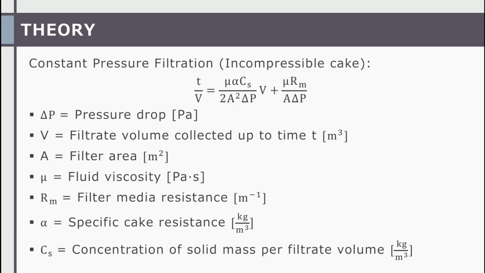This is done by using an integrated form of Darcy's law, where delta P is the pressure drop observed on the pressure gauge of the filter press, V is filtrate volume collected per unit time, A is the cross-sectional area of the filter medium, mu is the fluid viscosity, Rm is filter media resistance, alpha is specific cake resistance, and Cs is the concentration of solids per filtrate volume.